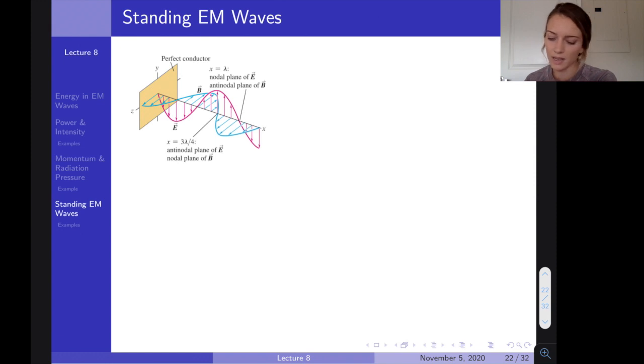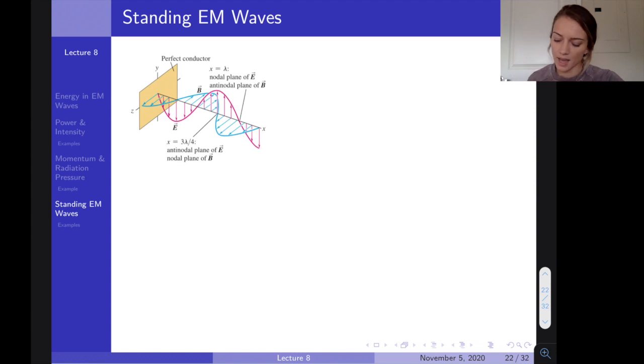Okay, so now for an EM standing wave, things are a little bit different than in the case of the plane wave that we looked at last time. You can see here we have an EM wave traveling, and then we have a perfect conductor in the YZ plane. Whenever we talk about standing waves, we're going to have perfect conductors because they completely reflect an EM wave. So those are going to be our endpoints.